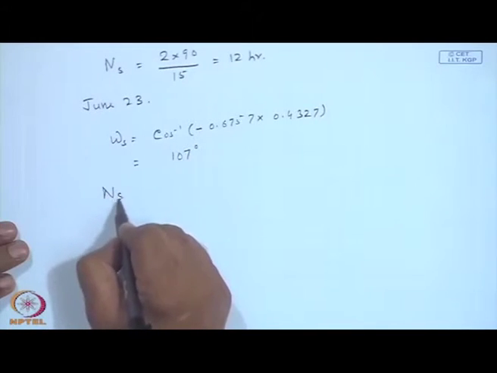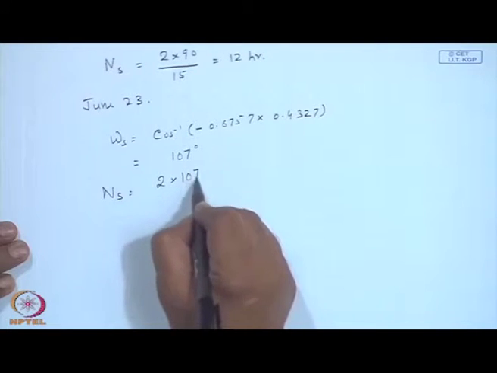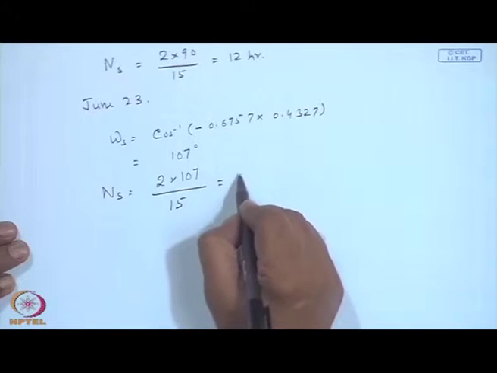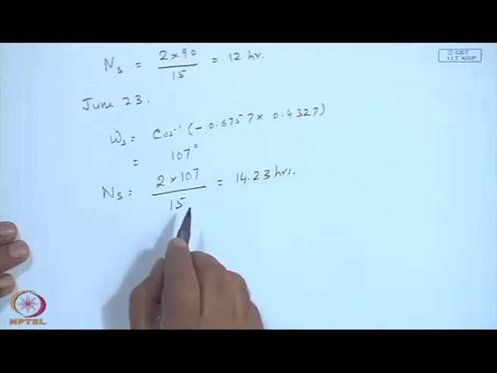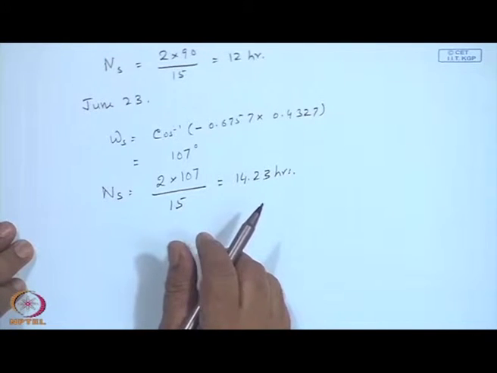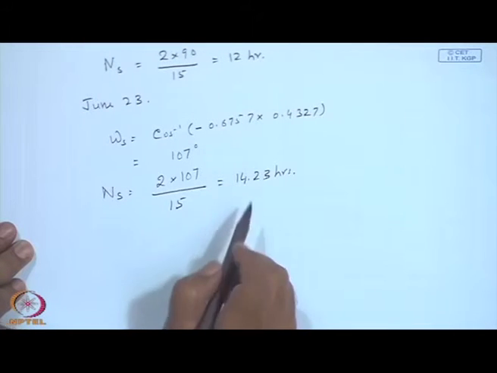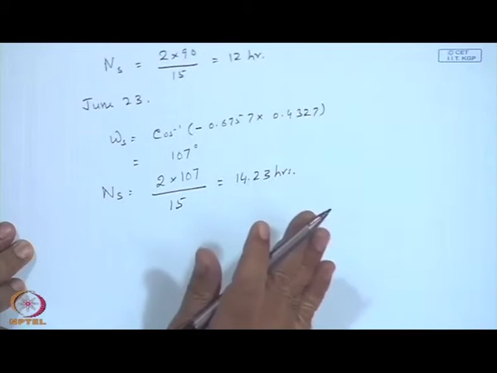So, number of sunshine hours will be twice 107 by 15 degrees per hour, which will be 14.23 hours. You will notice that the previous number of hours which we got as 9.73 hours in December, and this as 14.23 in June, the summation will be 24 hours.